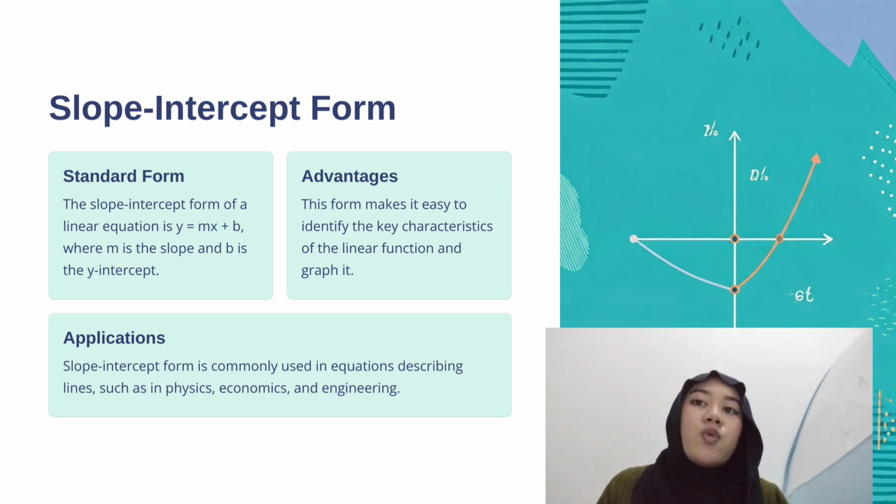Advantage: this form makes it easy to identify the key characteristics of the linear function and graph it. Slope-intercept form is commonly used in equations describing lines, such as in physics, economics, and engineering.